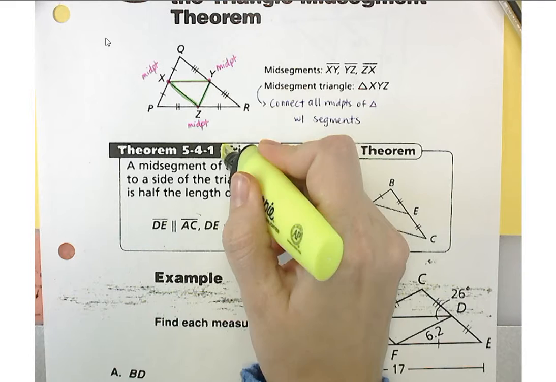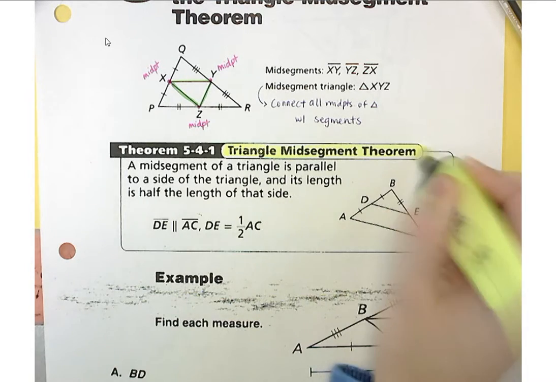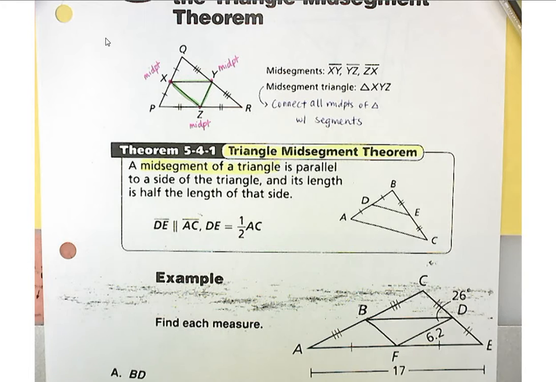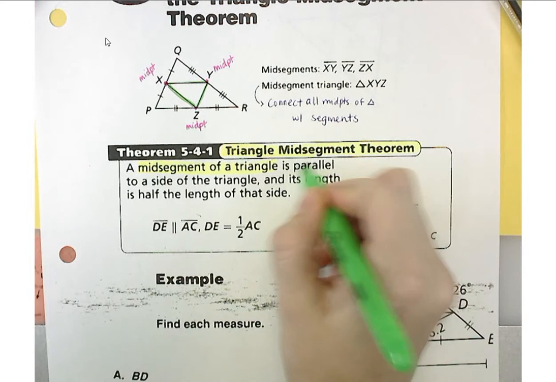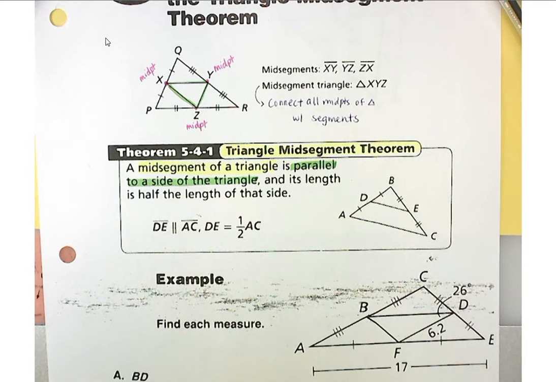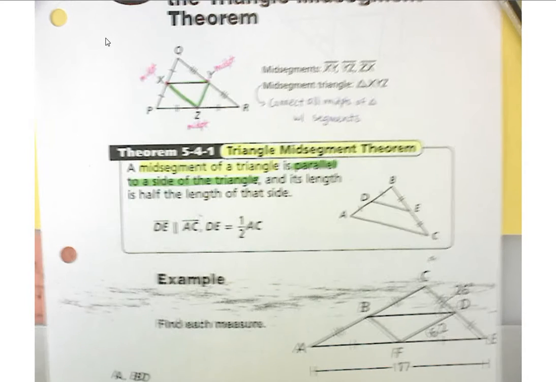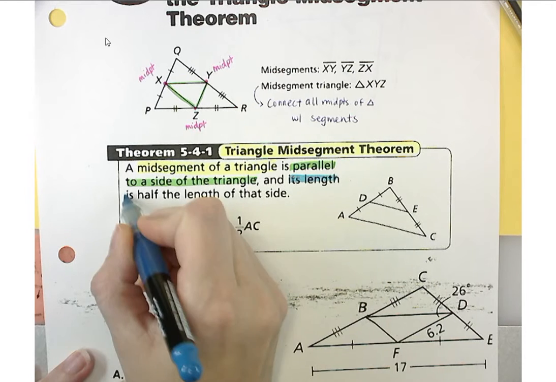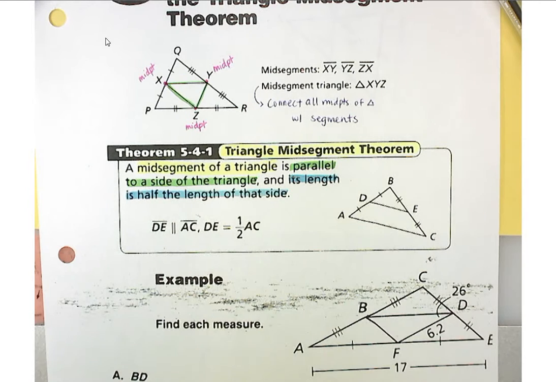The midsegment of a triangle is parallel to a side of the triangle. The second thing we know is that its length is half the length of that side. When it says that side, it means the side that it's parallel to.